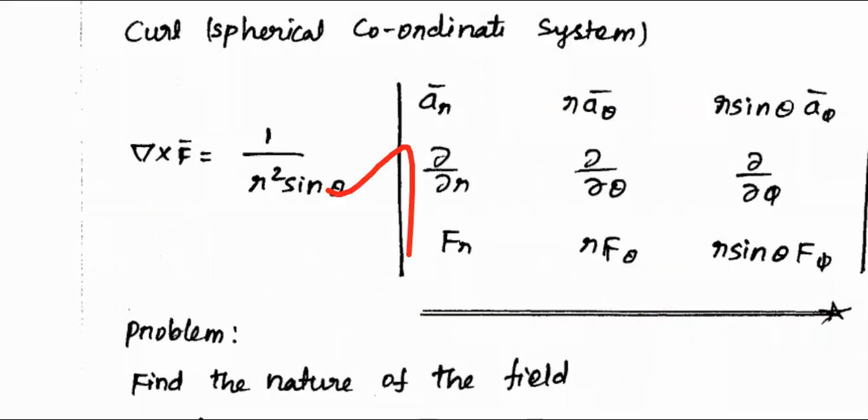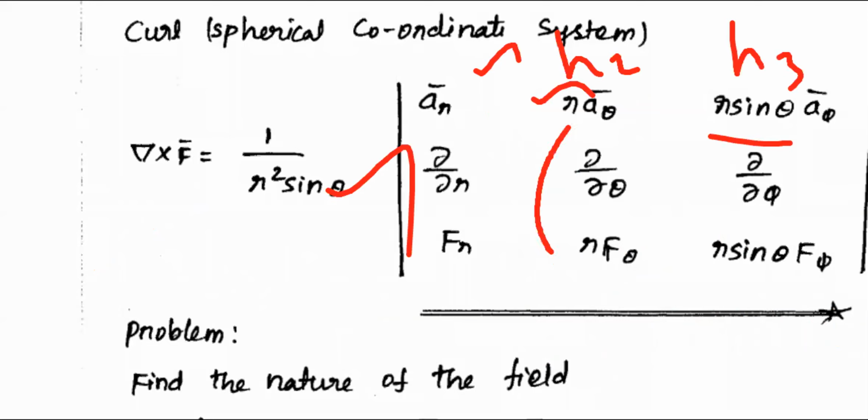That's okay. Then here also h1 into a r, and h1 is 1. Next h2: instead of h2 you have to put r. Here h3, and once it is h3, you have to get r sin theta only. Then again the same factor comes here also. If it is r, here also r. If it is r sin theta, here also r sin theta.